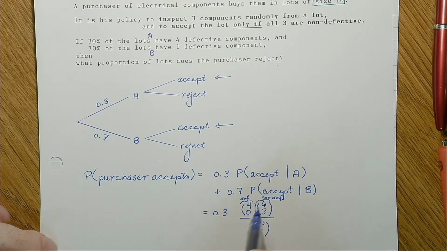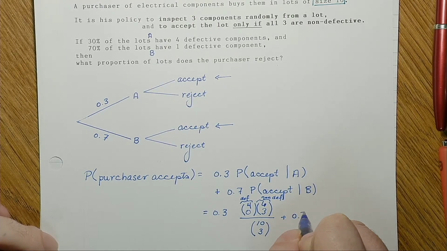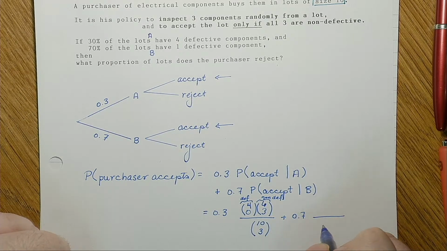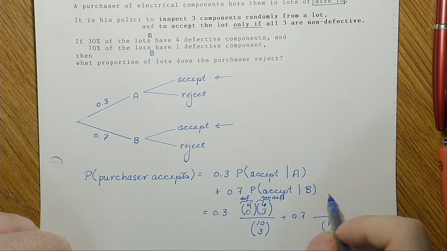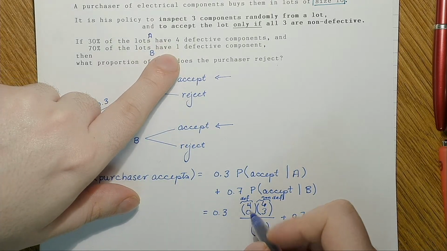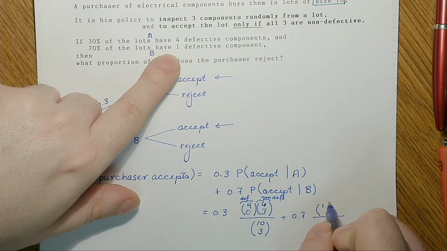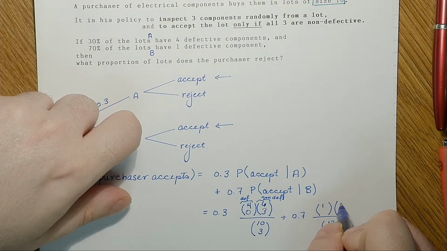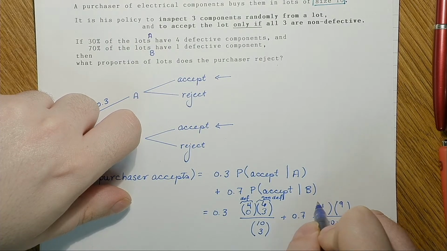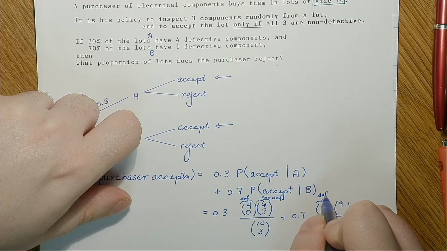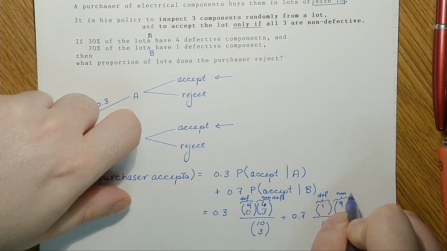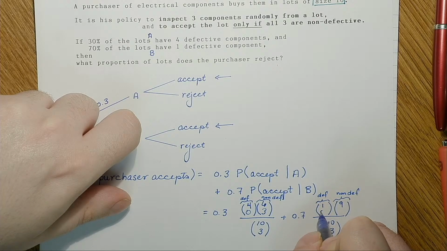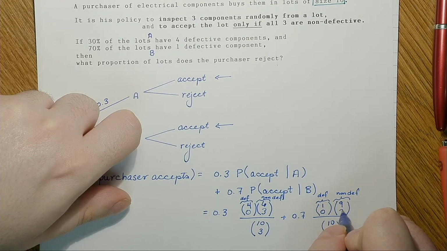So this is for the case where it's in lot A, plus the probability that they've selected from lot B. And over here in this case, again, there's 10 components, and they're selecting 3. But instead of having 4, there's just going to be 1. So there's 1 defective component, and then there would be 9 non-defective. So here's the defective, and here's the non-defective. So they're selecting 0. Over here is 3.